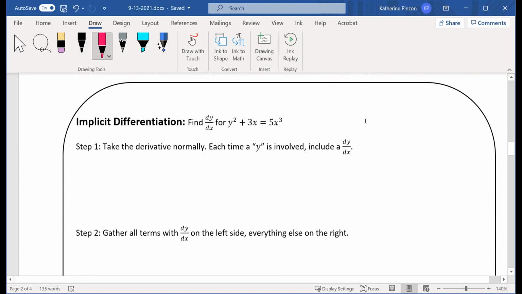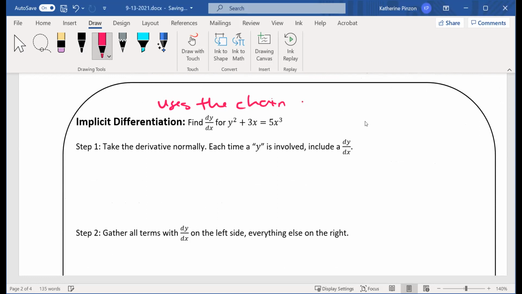Implicit differentiation uses the chain rule. You pretend like everything is just normal and you're taking the derivative, but when you take the derivative of y, you say the derivative of y is dy dx. So use dy dx when you differentiate y.